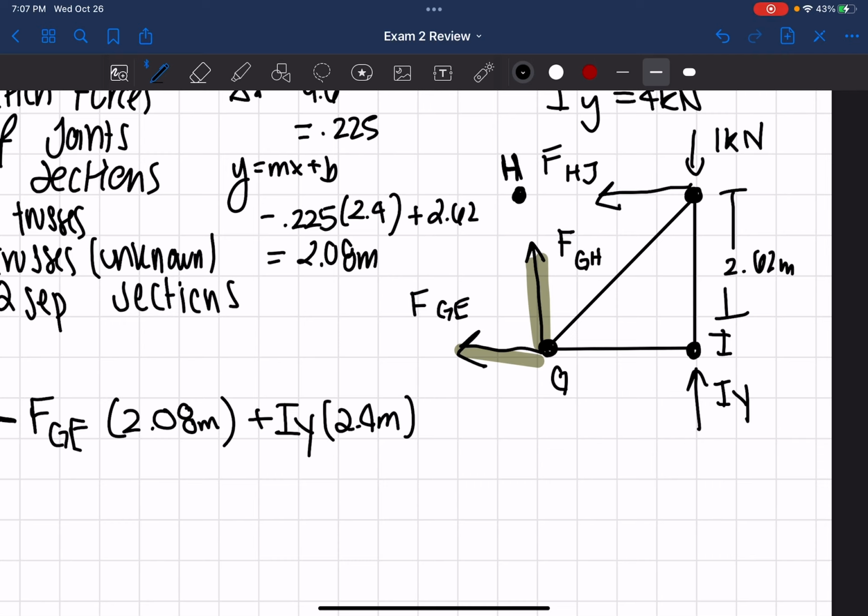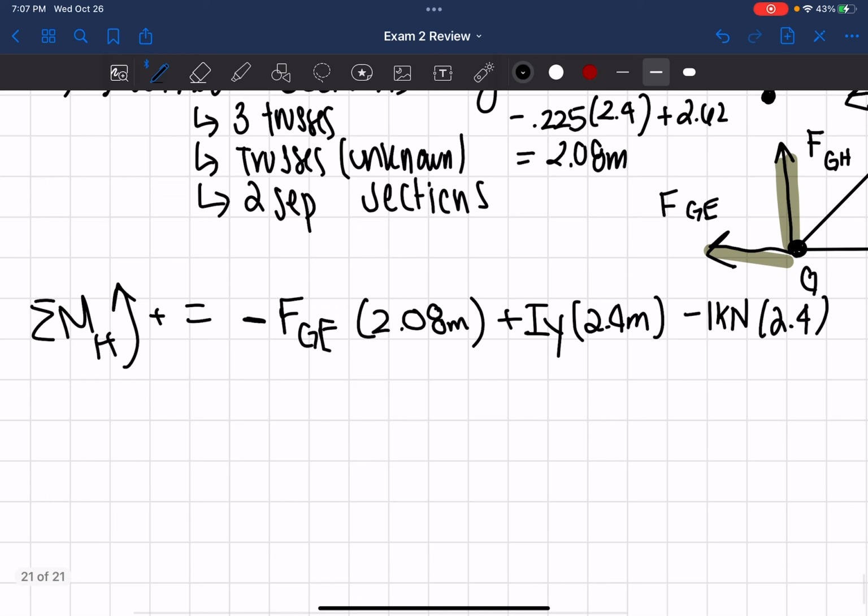Oh, and then we have to do the 1 kilonewton, this one. This one isn't going to have a moment because FHG, and it doesn't even concern us. So we're going to do 1 kilonewton. So that's going to have a negative moment. So negative 1 kilonewtons. The distance perpendicular is 2.4.